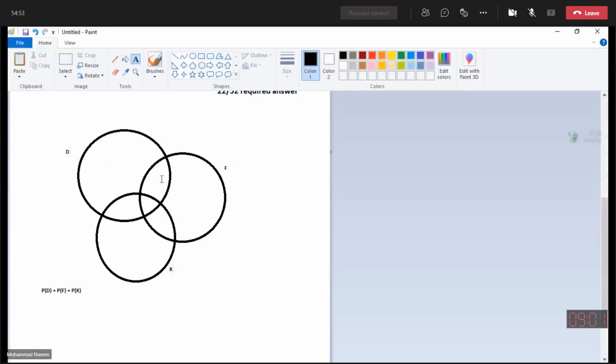So first of all, avoid this overlapping by subtracting one layer from here. One is remaining.